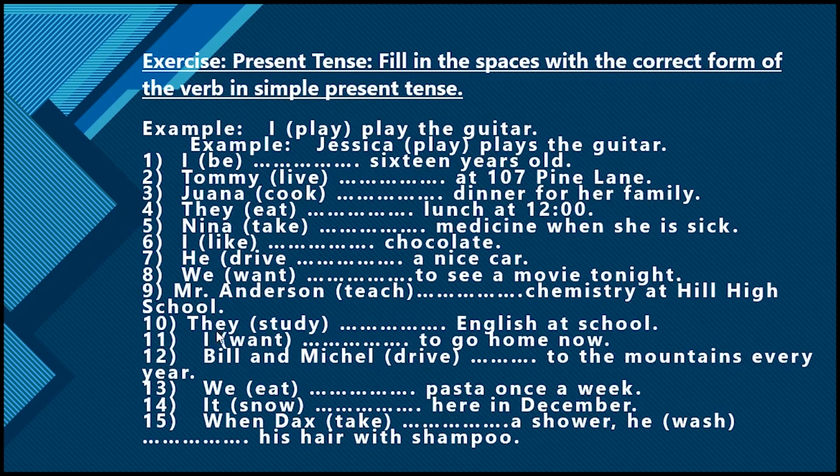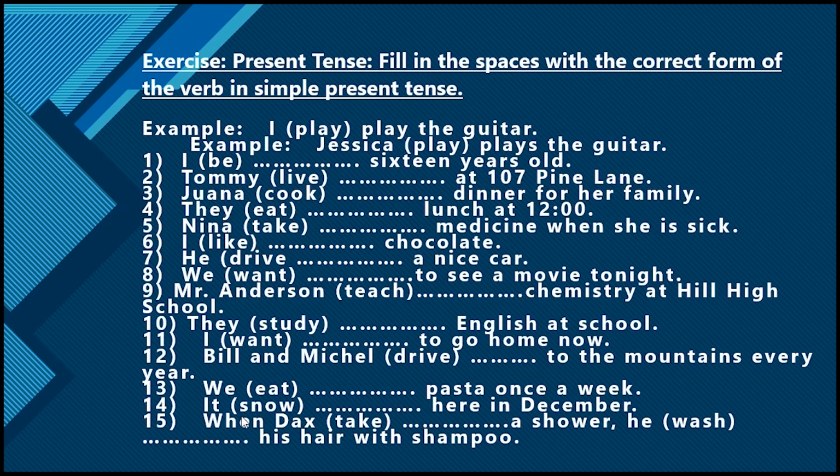Number 10, they study English at school. I want to go home now. Number 12, Belle and Michelle drive to the mountains every year. Number 13, we, it's plural, we eat pasta once a week.